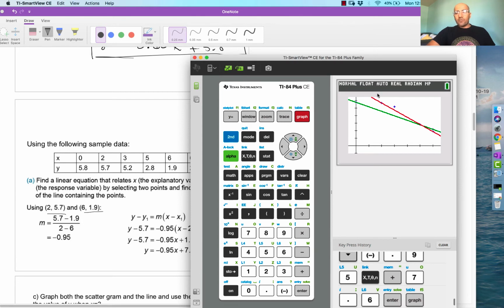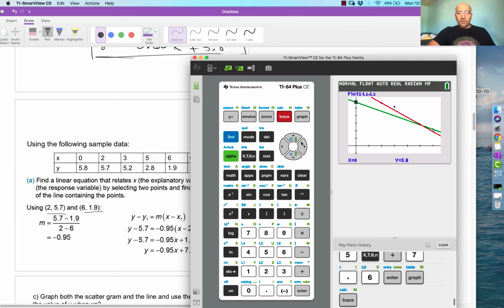Here is the author. He chose these 2 points. That's the equation. Those are the values he chose. So let me see. Let's hit trace. And it was the 2 point, yep, the 2, 5.7. So that's that point right there. And the next one was the 6 point, there, the 6, 1.9.